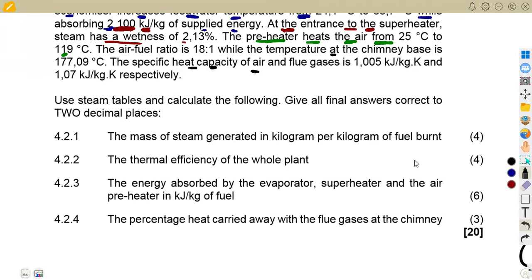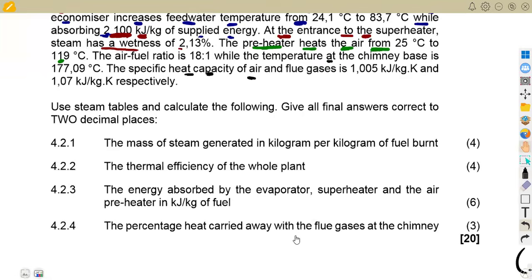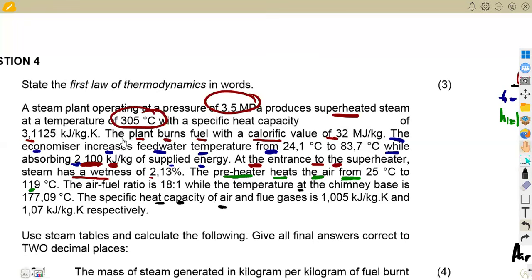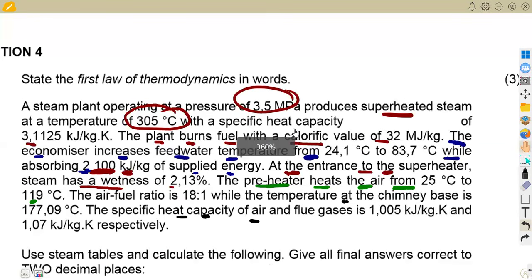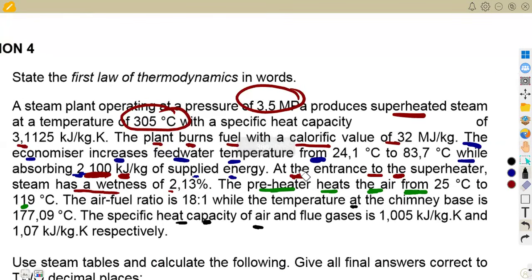Like I was saying, there are two things that you're not supposed to confuse when you are given them. Here we are given the specific heat capacity also on top here, but this one is for the superheated steam. So sometimes they will give you the specific heat capacity of air, and you are not given this one, never use this to answer this one.